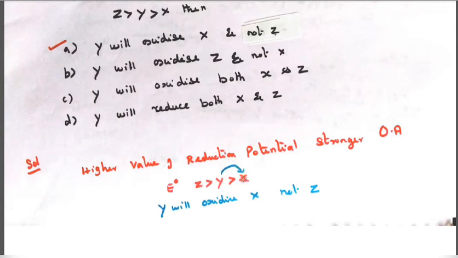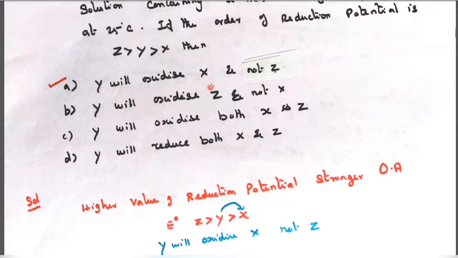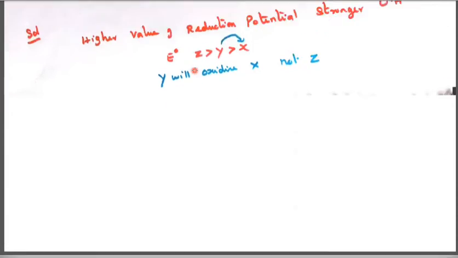Y can oxidize X, but Y cannot oxidize Z, so Y will oxidize X and not Z. The first option is the correct answer, because Y's reduction potential is lower than Z's, so it cannot oxidize Z, but it is higher than X's, so it can oxidize X.